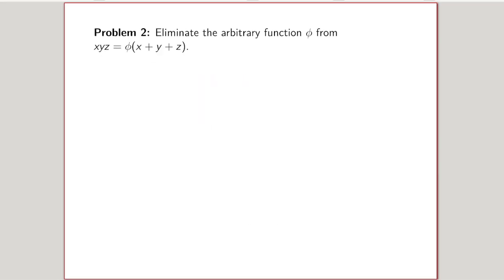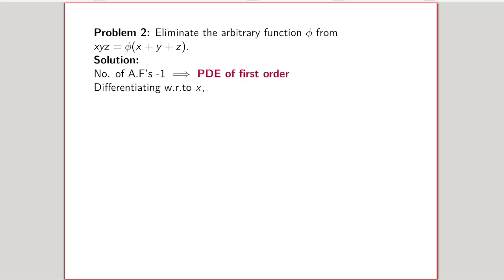Next question: eliminate the arbitrary function phi from the relation xyz equal to phi of x plus y plus z. Here also the arbitrary function is phi and the count is 1, so we will be getting a PDE of first order. Now differentiating the given relation with respect to x.